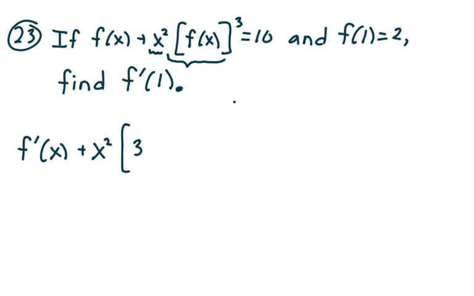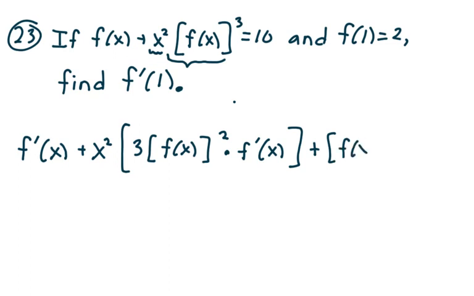So this is 3 times f of x raised to the second, times f prime of x. And then I'm going to go plus f of x cubed times the derivative of x squared, which is 2x. And I'm going to set that result equal to 0.